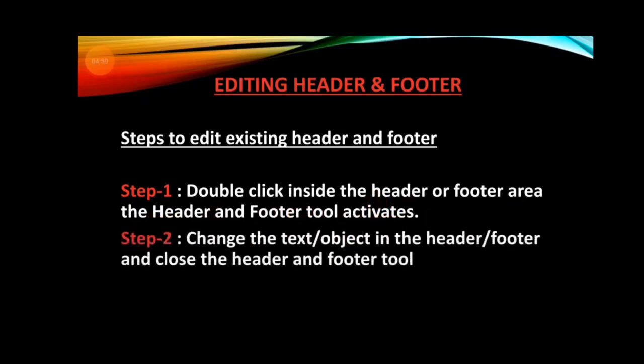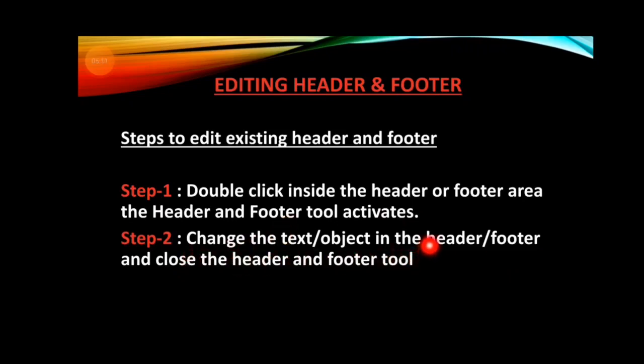The second step: change the text or object in the header or footer and close the header and footer tool. Whatever change you want to make, you can click in the header area or the footer area, then the tools will activate under the design tab. Make that change and then click on close header and footer.